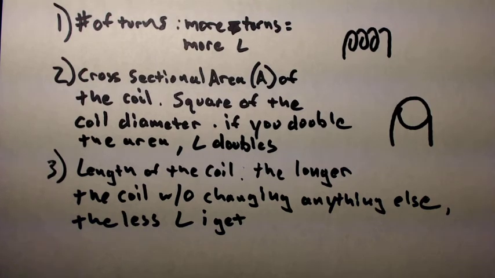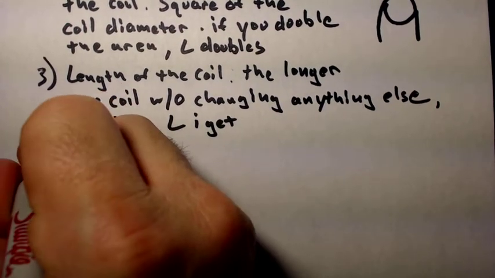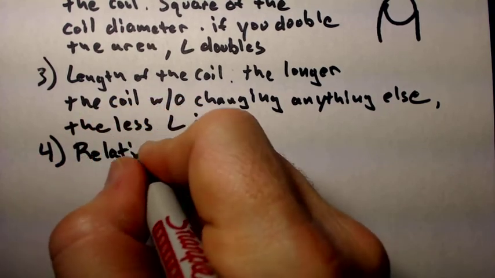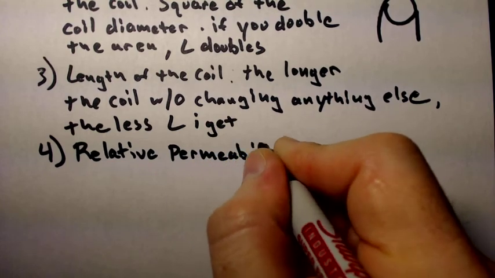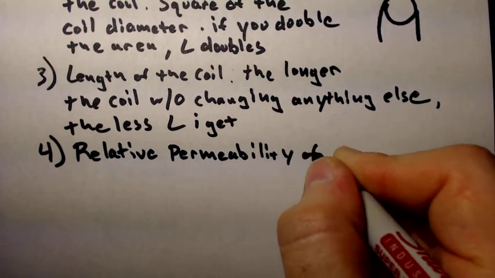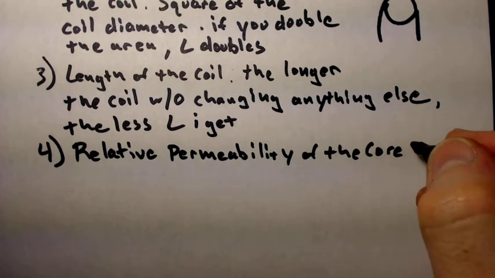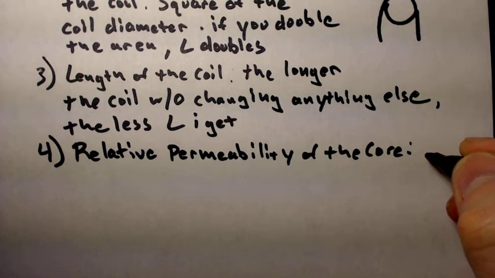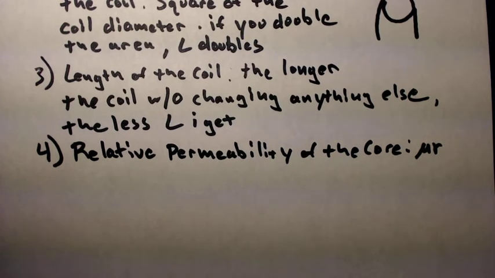So number of turns, cross-sectional area, length of the coil. And the last one is the relative permeability of the core. Sounds like it came straight out of some sci-fi movie. The relative permeability of the core. We call that mu R.